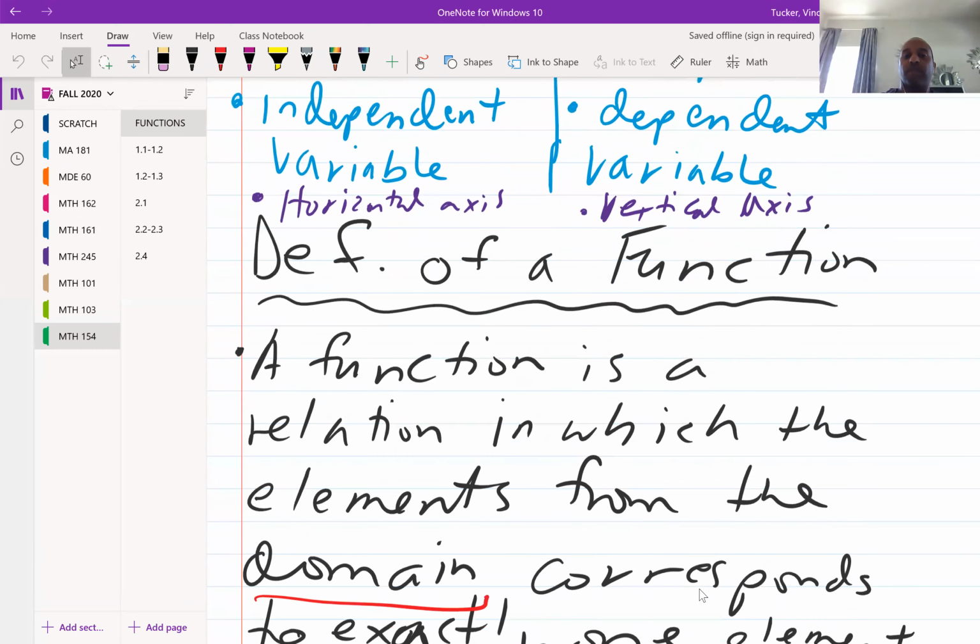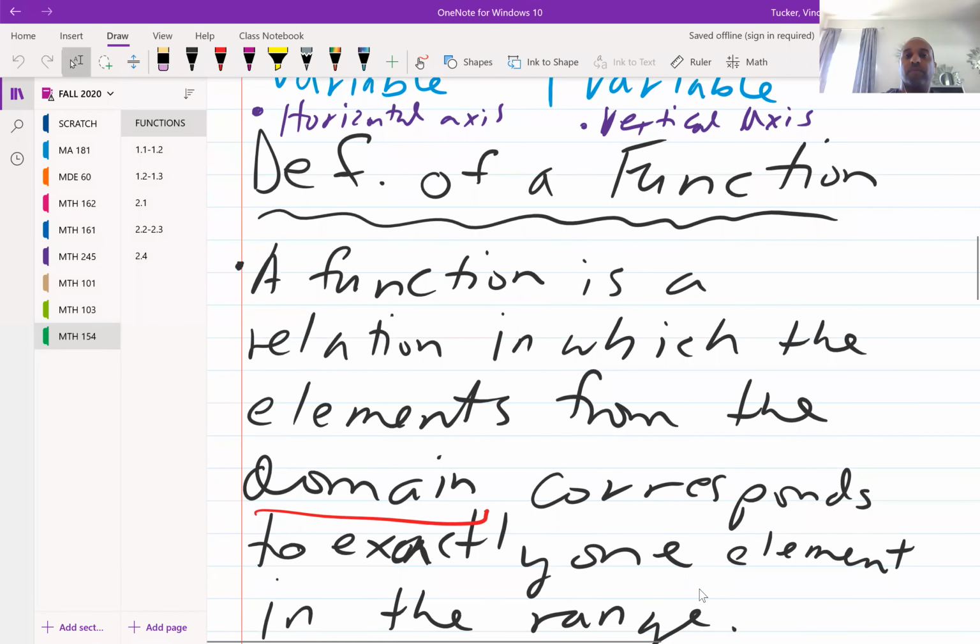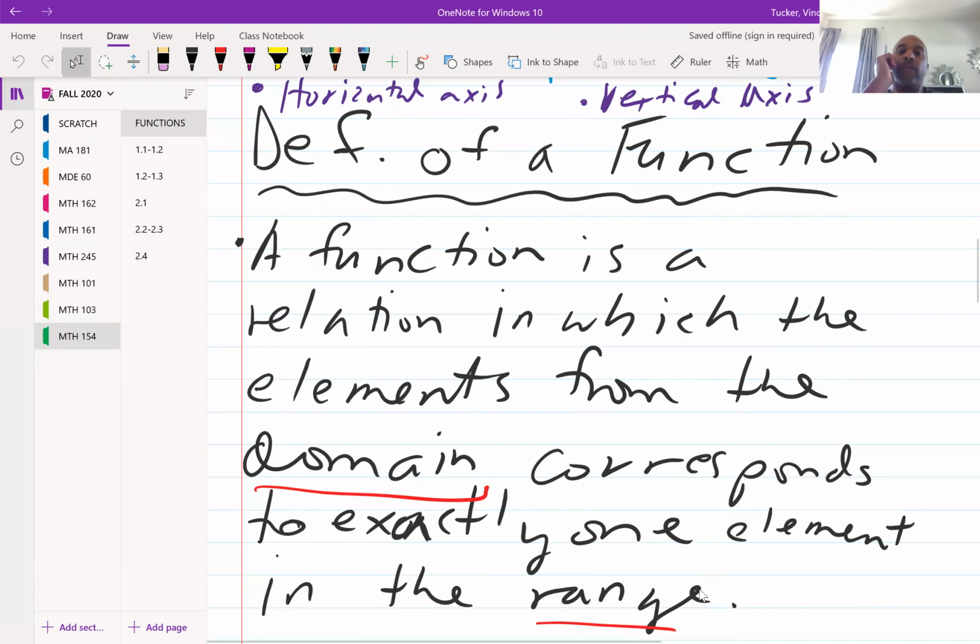All right, so the definition of a function. A function is a relation in which each element from the domain corresponds to exactly one element in the range.